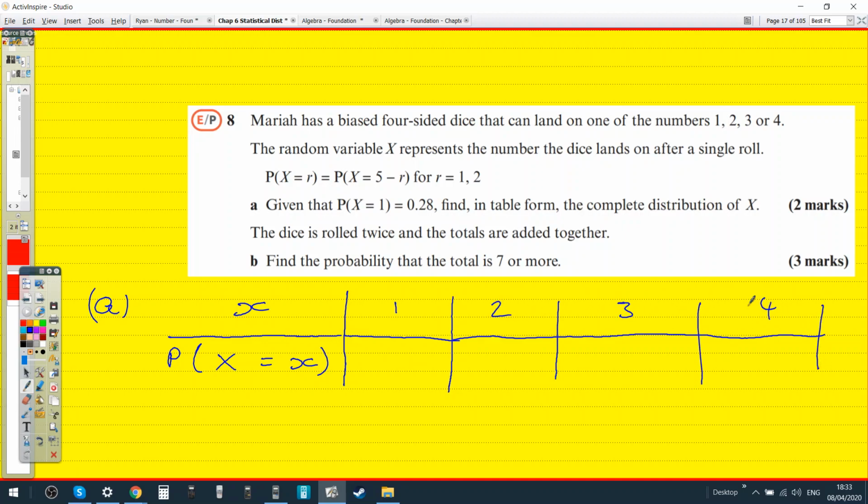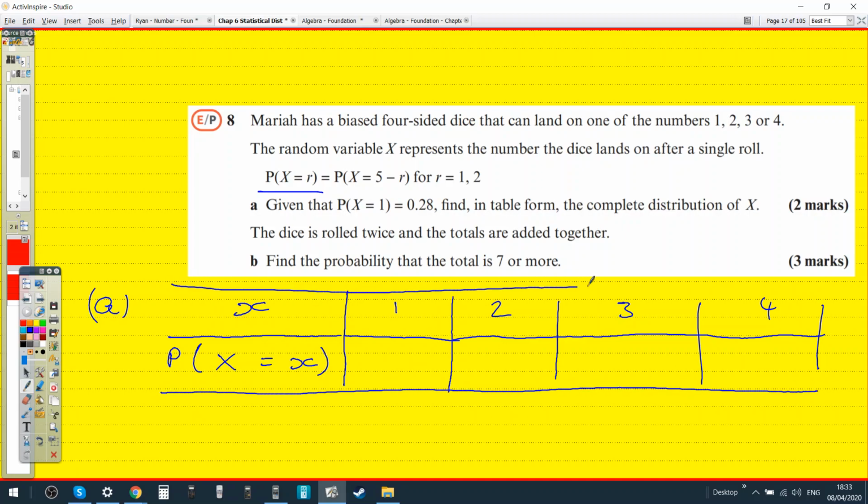So the probability that x is 1 is not 4. It's equal to the probability that x equals 4. And so if you were to sub this in, the probability that x equals 1 is equal to the probability that x equals 5 minus 1, which is 4.